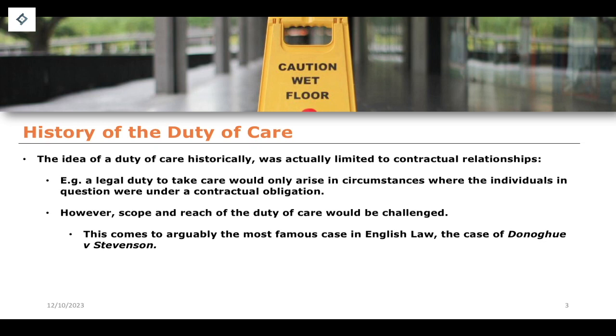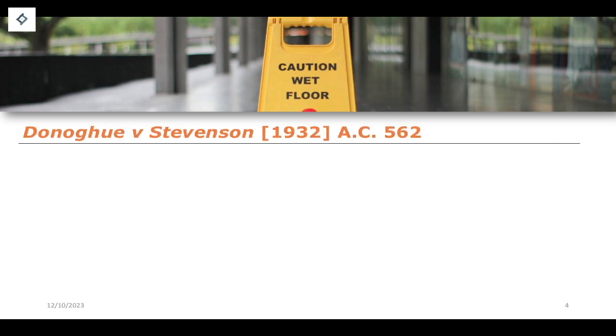So how can we either reject the claimant's arguments and reject the claim that was being issued, therefore maintaining this quite limited contractual understanding of the duty of care, or alternatively adjusting this concept of the duty of care to extend beyond that of mere contractual relationships? So that's really what we talk about in the case of Donoghue v Stevenson.